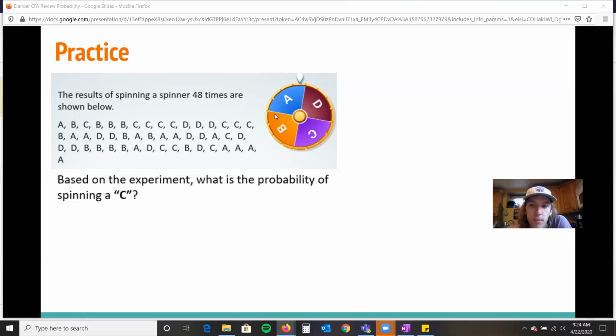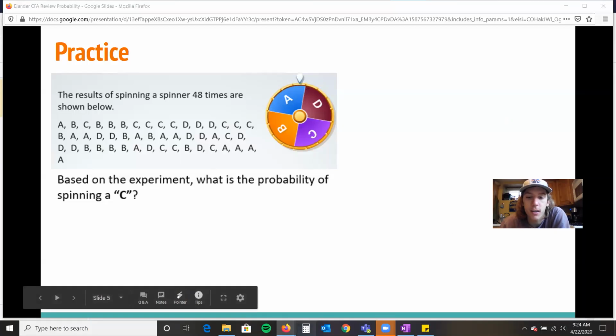We've got a spinner, right? The theoretical probability we can do even easier. Theoretically, we've got 4 sections, and they all look the same size, right? So the probability of landing on a C, theoretically, should be about 1/4 of the time, which is 25%.